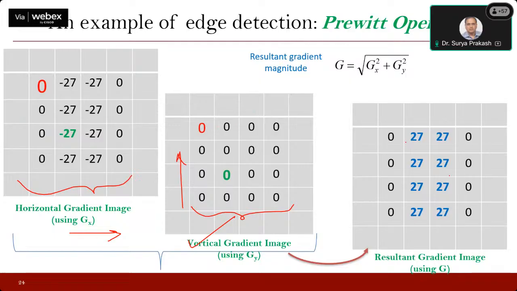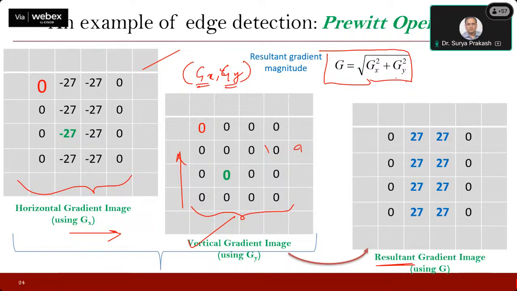Now if you have to find the resultant gradient, you have to consider the gradient in the x direction and the gradient in the y direction, and then aggregate that. You compute the resultant gradient using this formula. If your vector is gx comma gy, you take the square of this plus the square of this and then the square root.